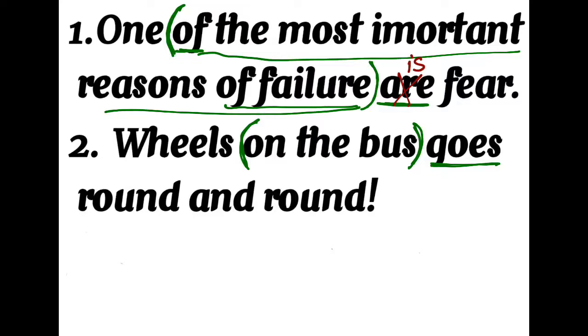Now read it again and decide whether the remaining part is correct or incorrect. Wheels goes round and round. Wheels: this subject is plural, but the verb is singular. This concept was presented in the previous lecture, but I also revised it.